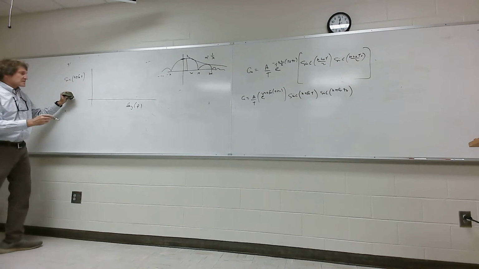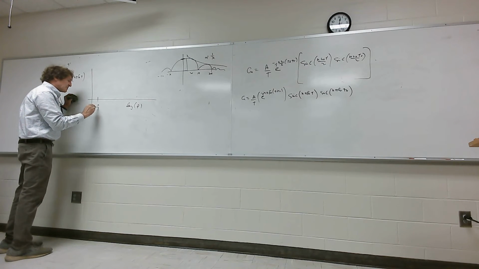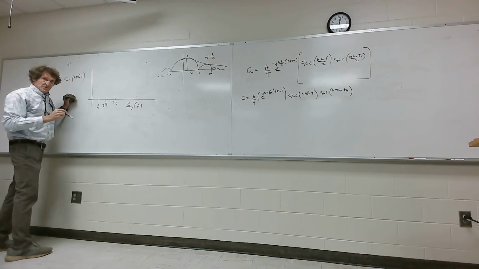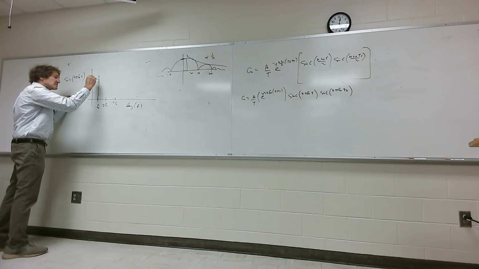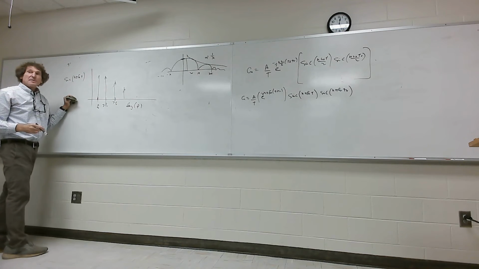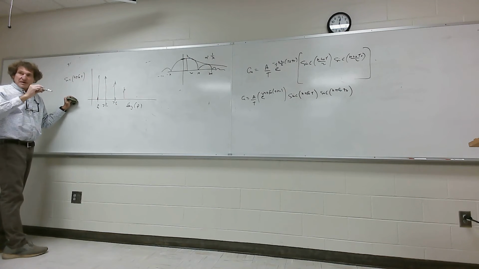These values will be discrete frequencies: f naught, 2f naught, 3f naught, and so forth. You would have basically spikes, going down, multiplied by that 1 over x type of effect.